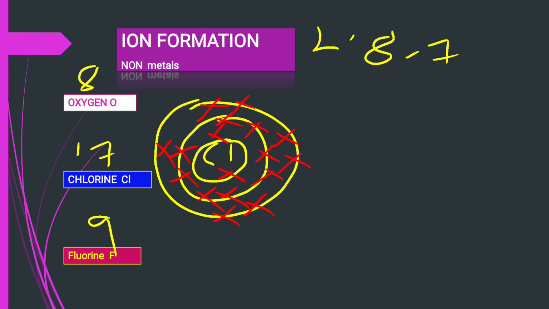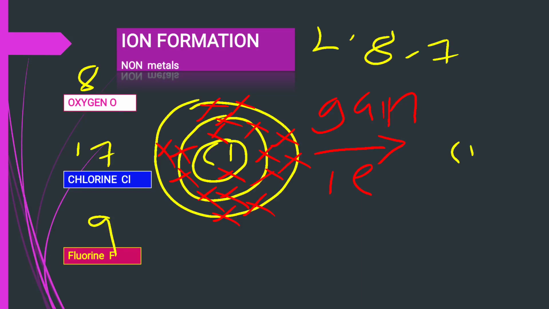Now, it will form an ion by gaining 1 electron to attain an octet state. So that now it looks like this.